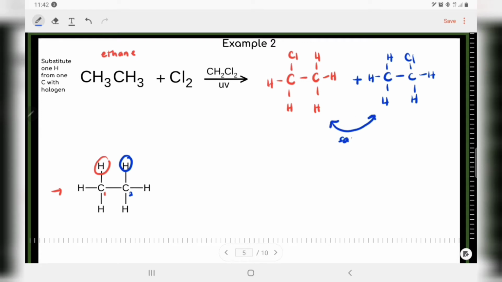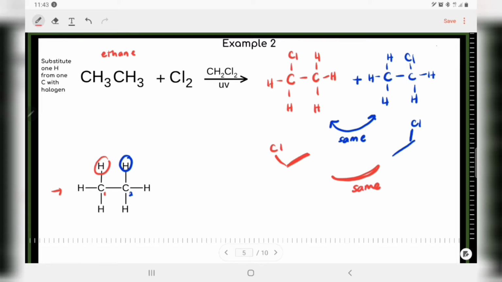Kita ada belajar dalam isomer. Macam mana saya buktikan dia sama? So kita ada dua carbon dan carbon yang kedua ada Cl. Okay, structure orange kita ada dua carbon dan ada satu Cl. So structure dua ini adalah same.